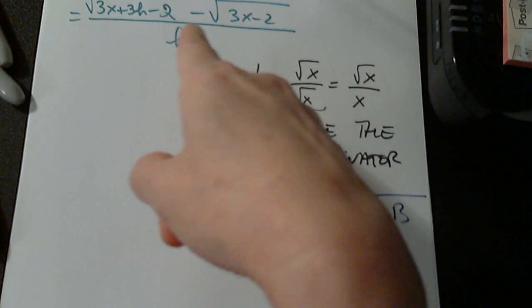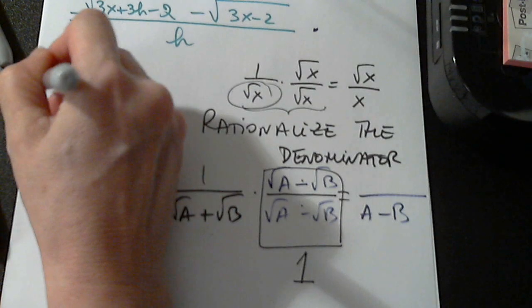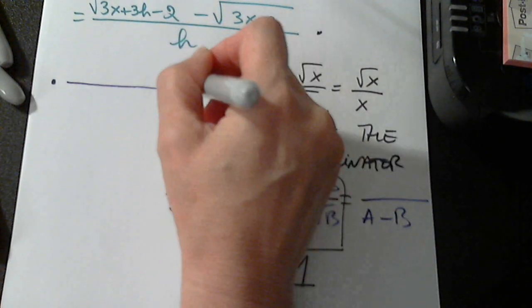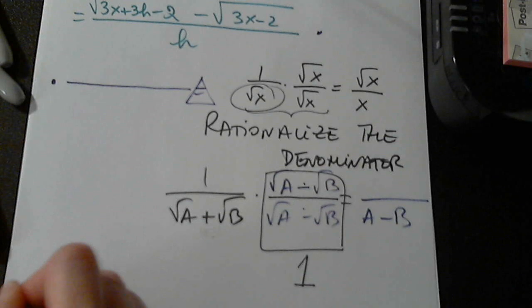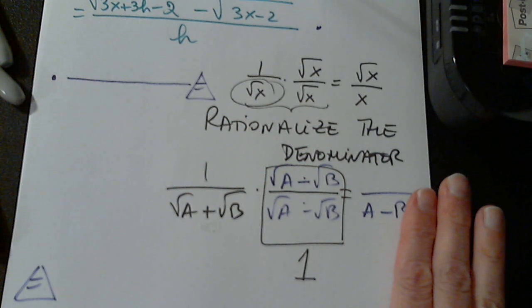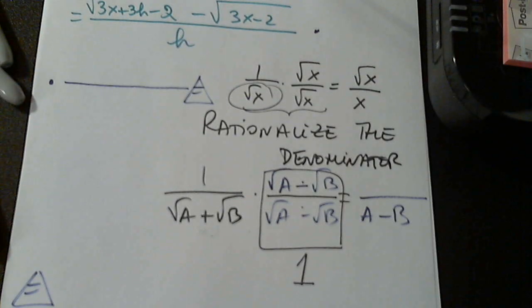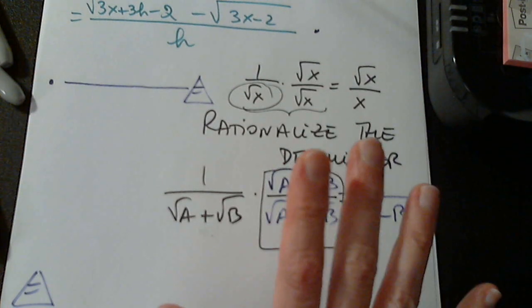So keeping this in mind, what do I need to multiply top and bottom of this expression by? It's exactly the same concept. I have a minus b. The square root of a minus the square root of b.